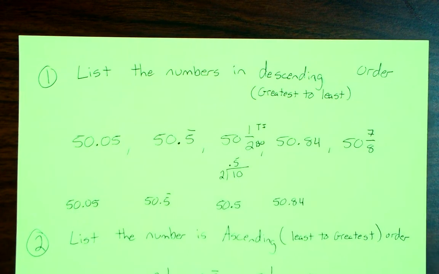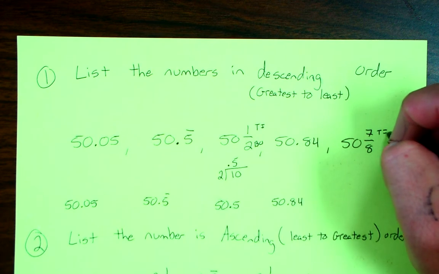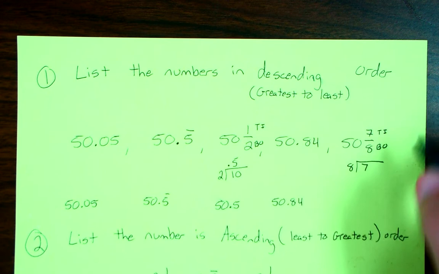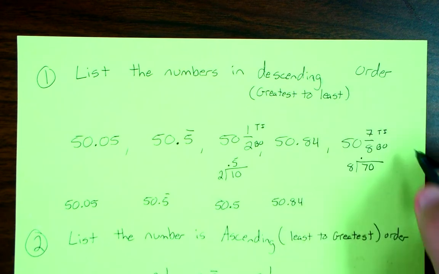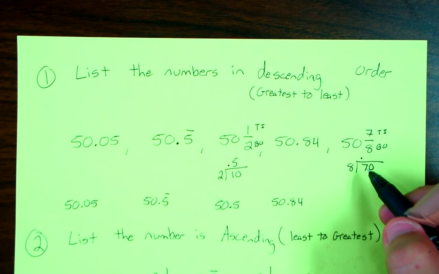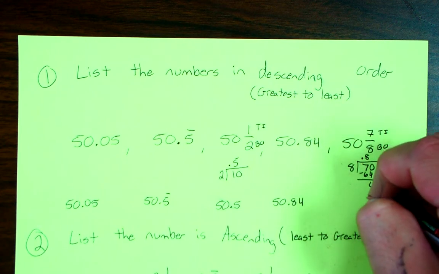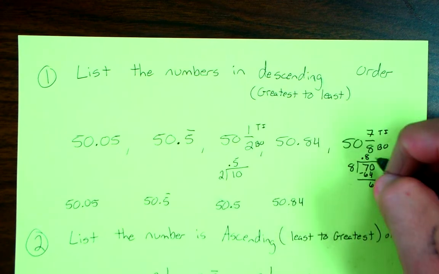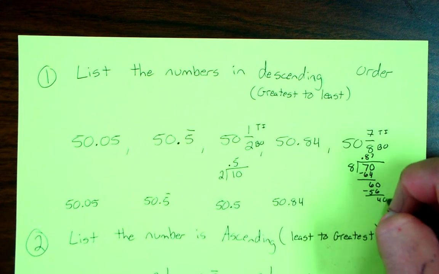Okay, and now 7/8. Again, top in, bottom out. 8 cannot go into 7. Decimal, 0. 8 goes into 70 8 times. 8 can go into 60 7 times. 8 can go into 40 5 times.